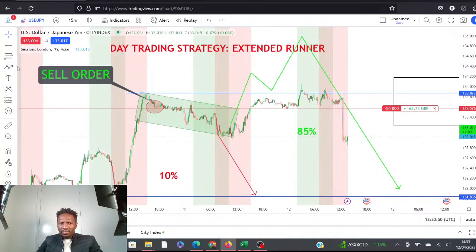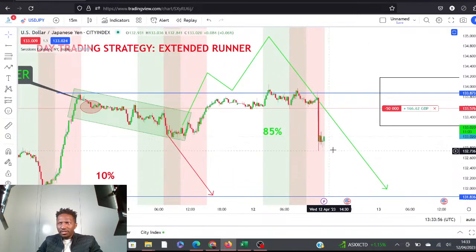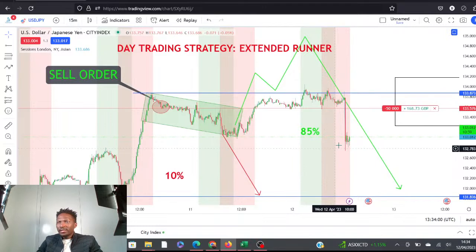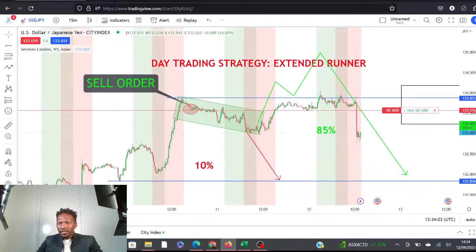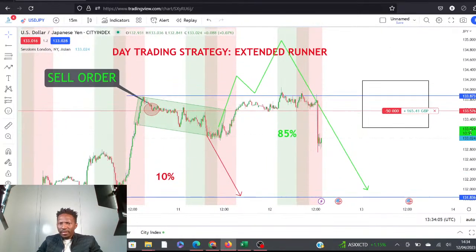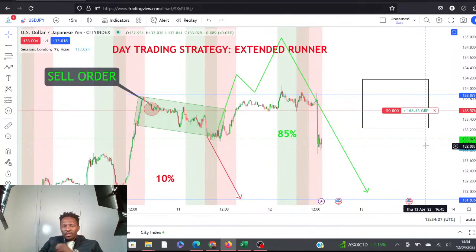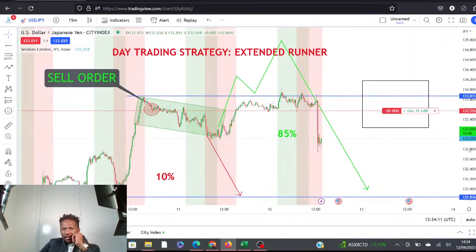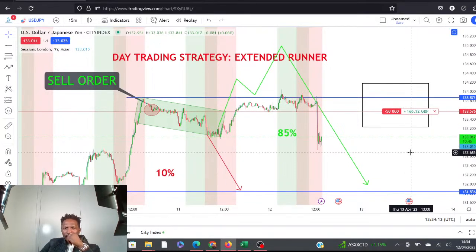Now I think we have enough momentum to take us all the way down. The market is just taking a little pause here, probably waiting for the Canadian interest rate, even though I don't think that's going to affect this currency pair that much. But it's going to affect the market. Any kind of decision like that does bring a reaction.